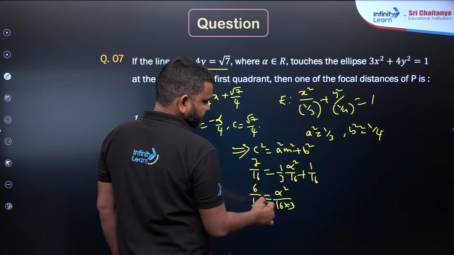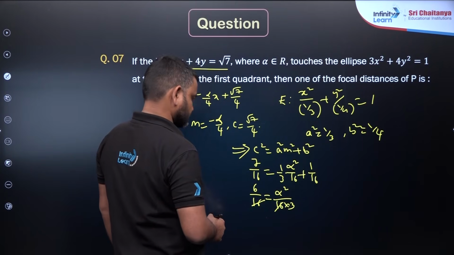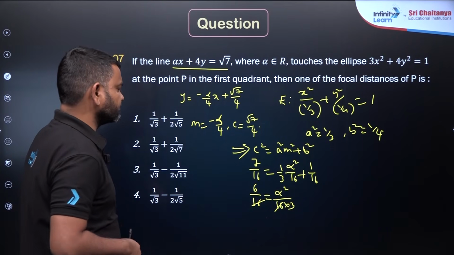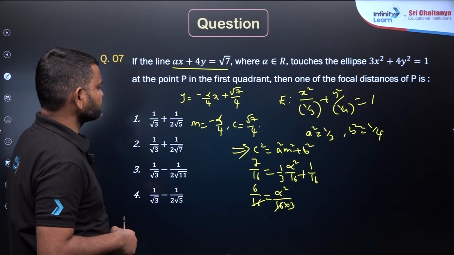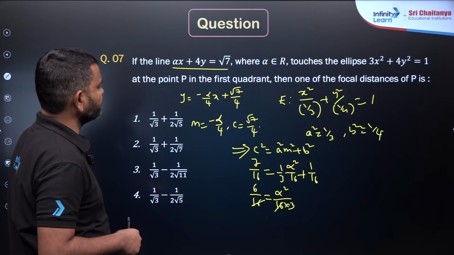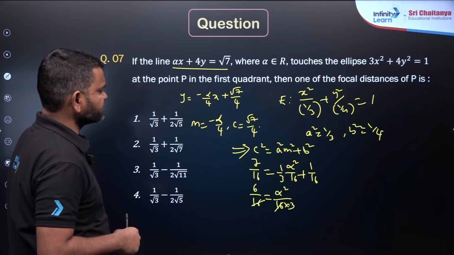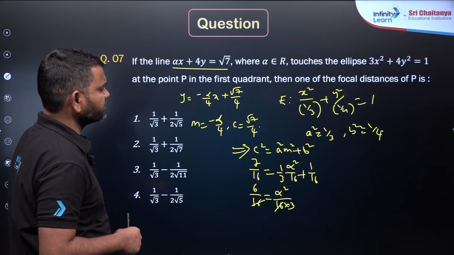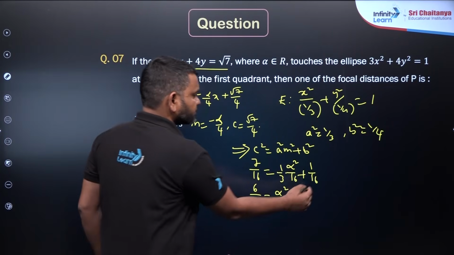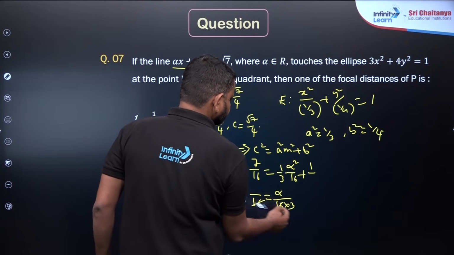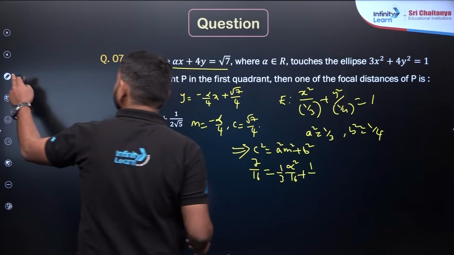So 16 and 16 is getting cancelled, and c square is under root 7 by 4. So 7 by 16, that is equals to a square 1 by, I'm sorry, the problem here is this is 1 by 4 only. B square is 1 by 4 here.